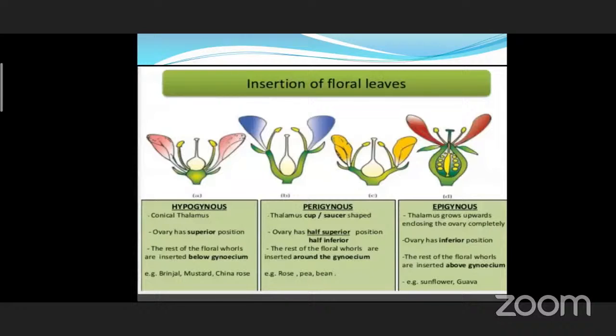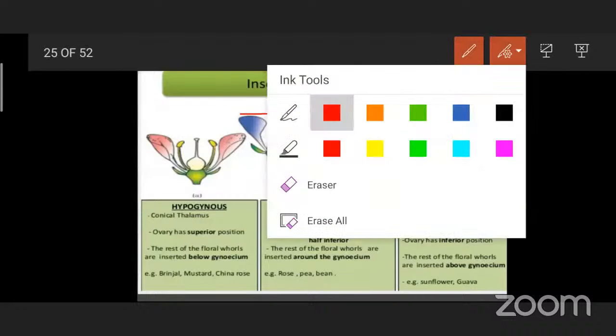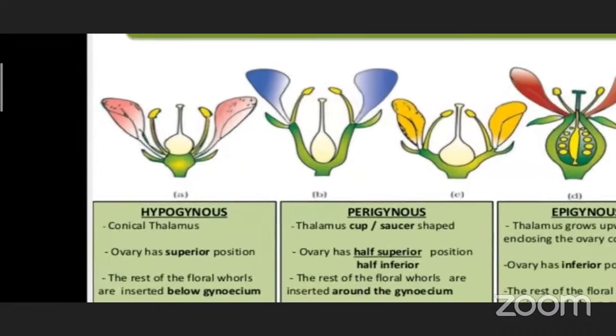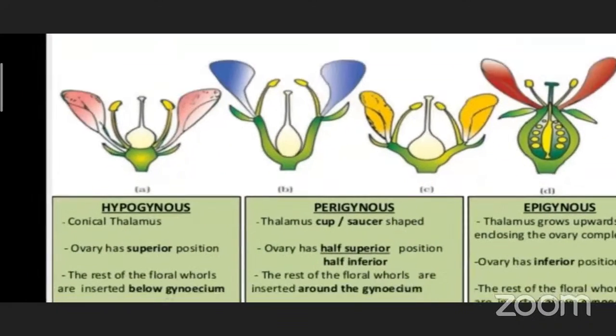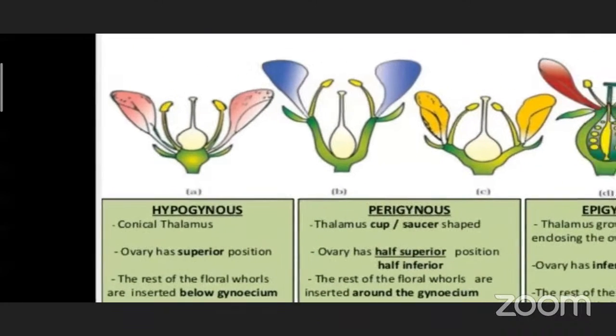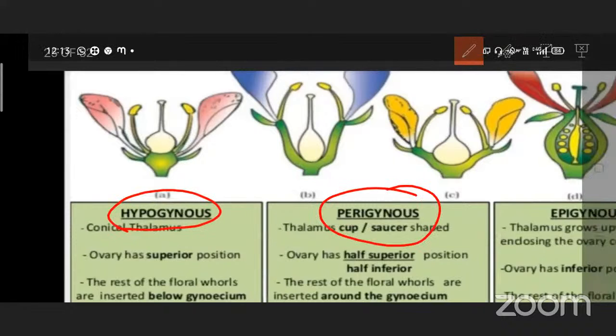Insertion of floral leaves. See, insertion of floral leaves: hypogynous, perigynous, and epigynous.